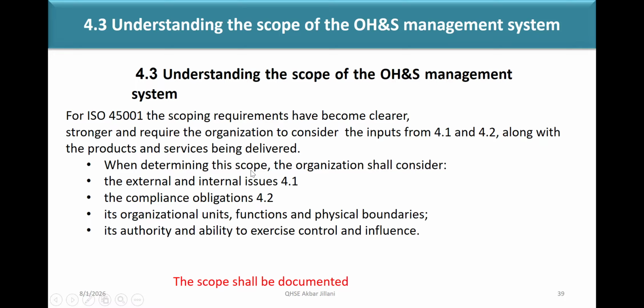When determining the scope, the organization shall consider the external and internal issues, the compliance obligations, its organizational units, functions and physical boundaries, and its authority and ability to exercise control and influence.